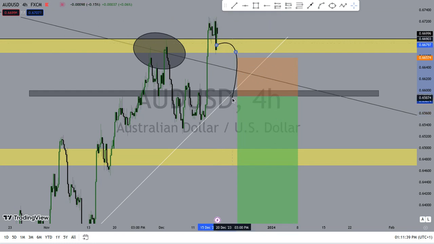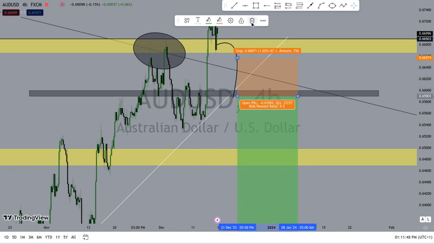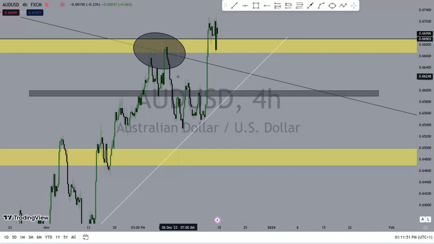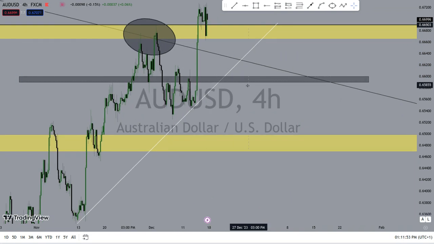If price comes back to trade below this counter trend line around this region, we'll look for a break and a retest, then to trade.